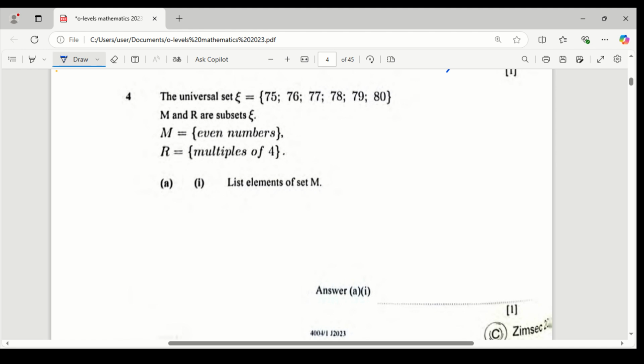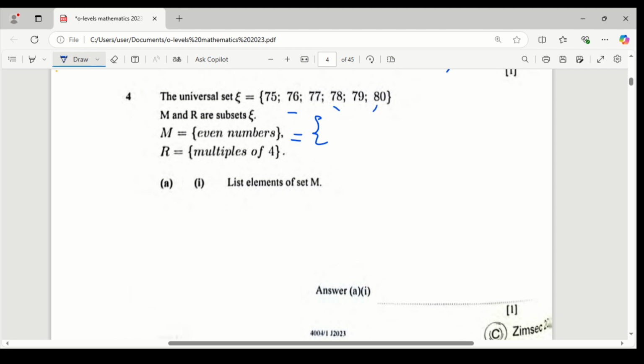It is saying that M is equal to even numbers. So M is a set of even numbers that are found in our universal set. Before we answer anything, we want to look for those elements of M. So the even numbers that I can find in our universal set are 76, 78, 80.